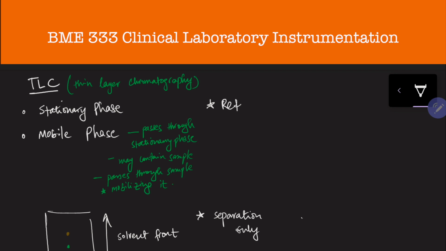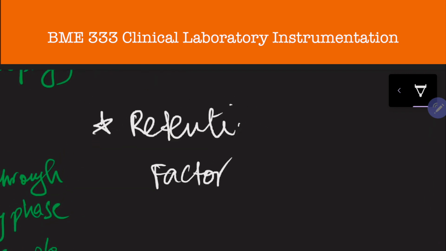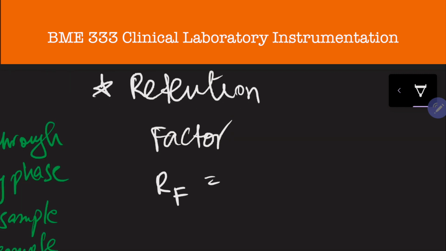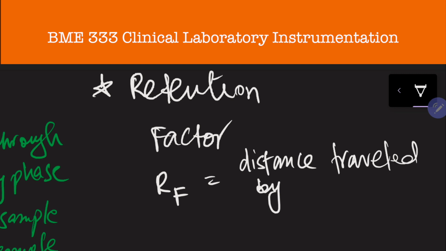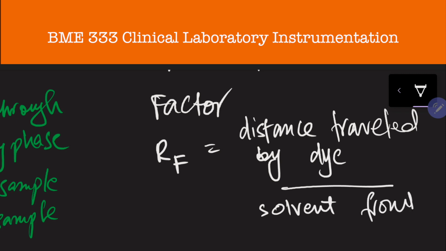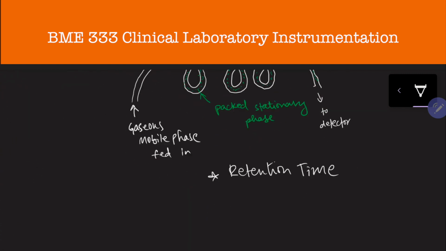The received components, when they're detected at the detector in gas chromatography, are plotted and then compared with known standards for identification. It's very much similar to what we would do in paper or simple TLC: you would compare the dyes. If you're keeping track of times, such as in gas chromatography, you would compare those times with standards or already known samples, and then you would make a decision of what's in there.